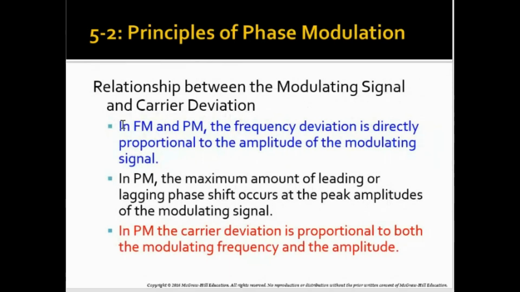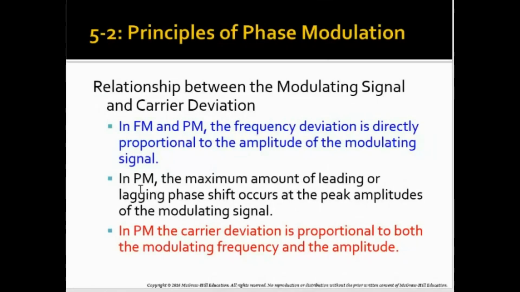Okay, if we look at the relationship between the modulating signal and carrier deviation for phase and frequency modulation, in both FM and PM, the frequency deviation is directly proportional to the amplitude of the modulating signal.